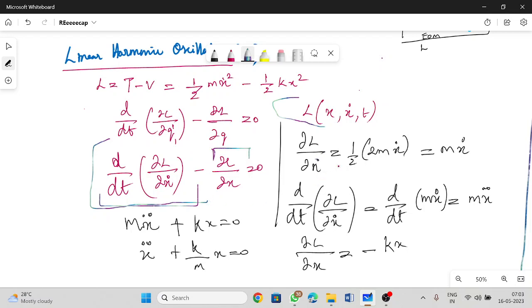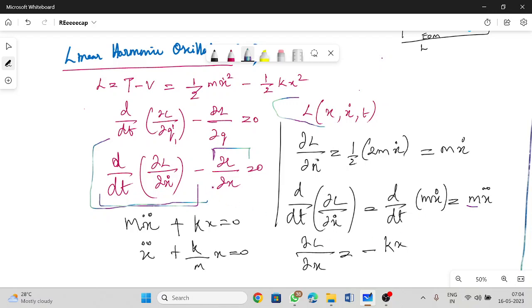So dou L by dou x dot equals, if I differentiate half m x dot square, I get 2 by 2 m x dot, so I can write it as m x dot. Then I have to differentiate that with respect to t, and m is a constant. Note it's a non-relativistic problem, so m is constant, and once you differentiate with respect to t, it will become m x double dot.